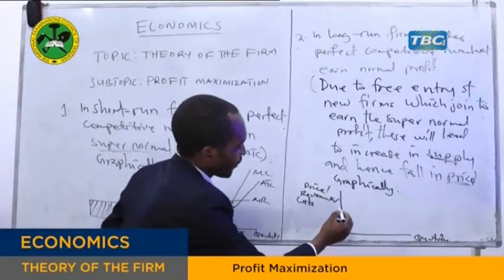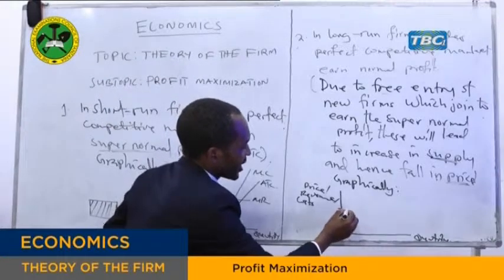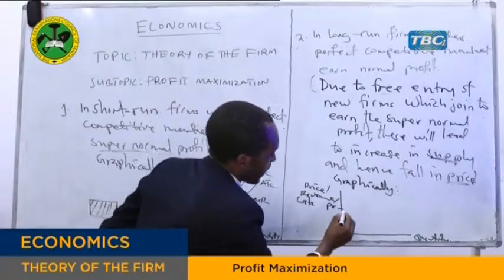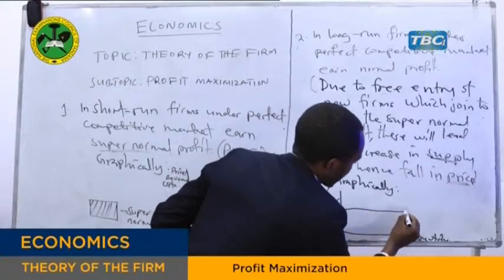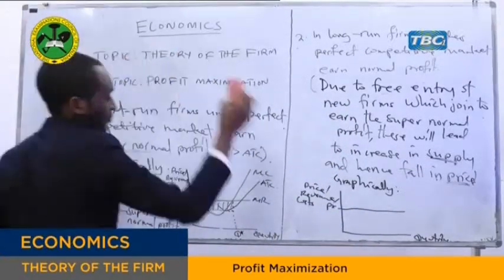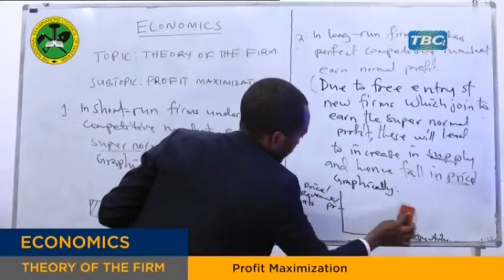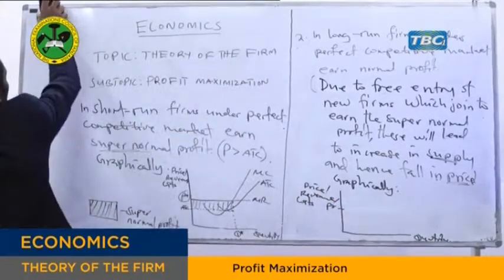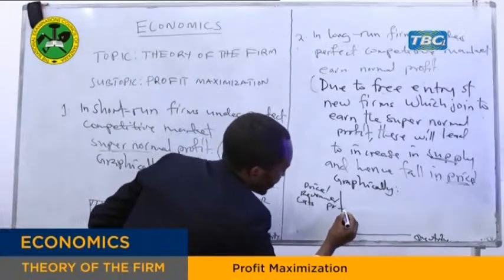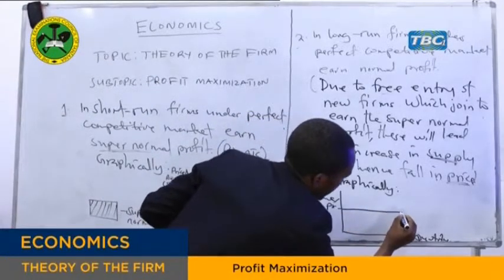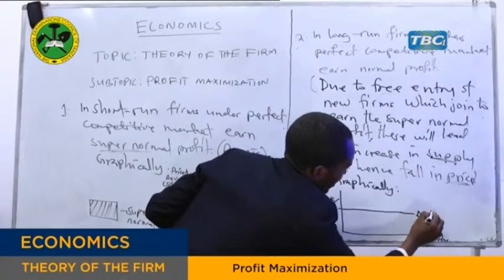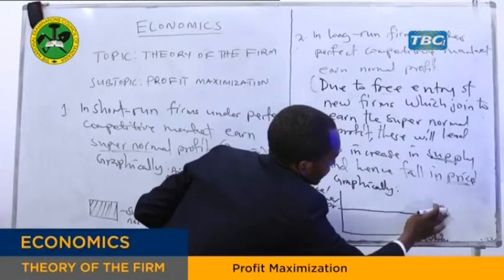Now, as we said, our price is constant, let's say at P star, and the demand also is constant. The demand is constant, D, which is the same as the marginal revenue.